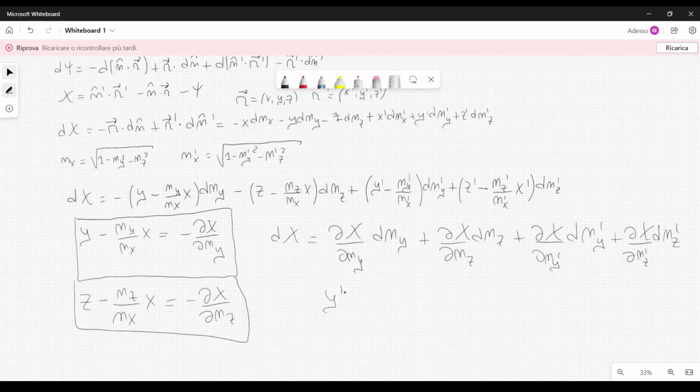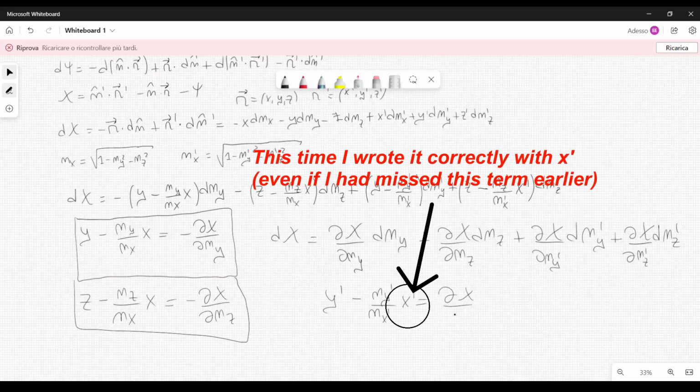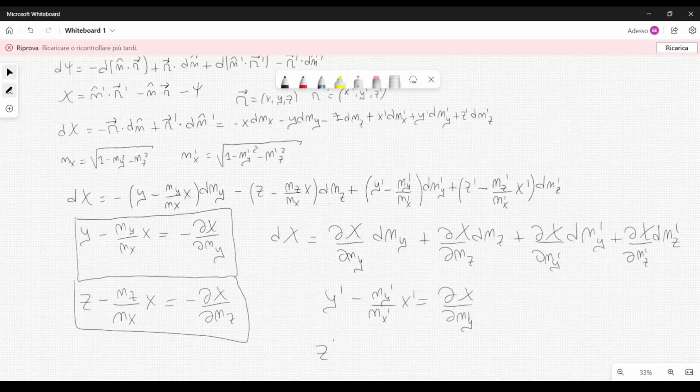The other pair is y prime minus ny prime over nx prime times x prime equal to d chi over dn prime y. This is one, and then we have z prime minus nz prime over nx prime times x prime equal to d chi over dn prime z. And this is the other set of equations, the other pair.